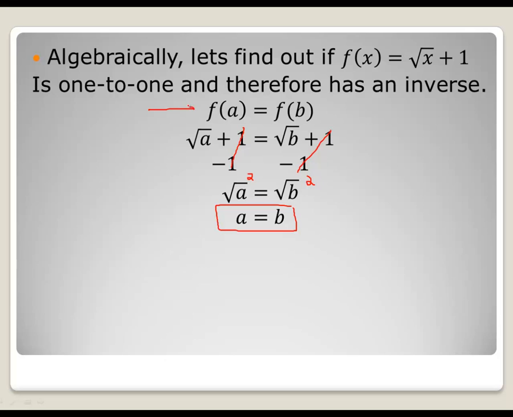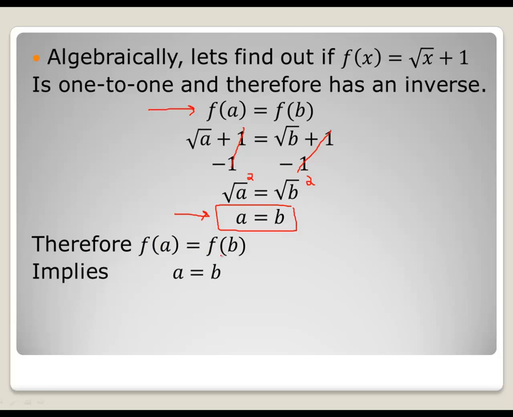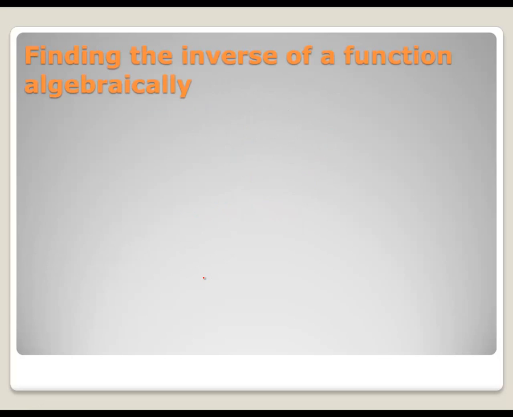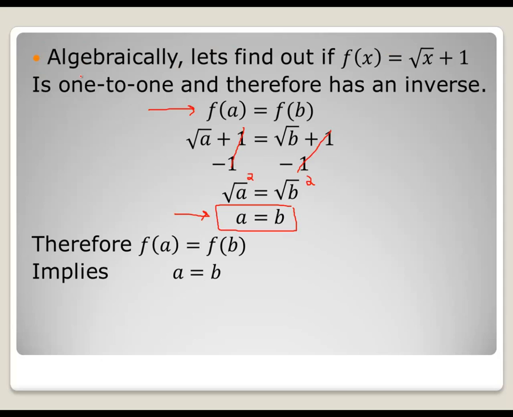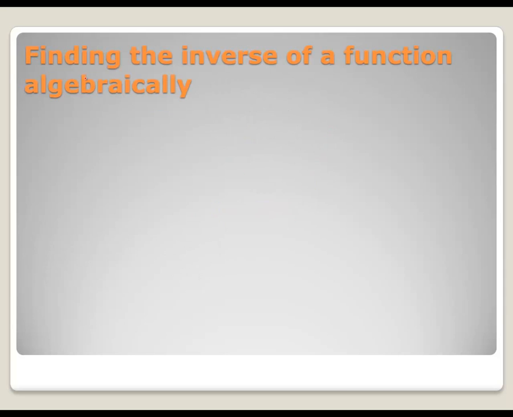So we start out with this, and we end up with our answer, a equals b. Therefore, f of a equals f of b implies that a equals b. So you'll be having to do that on your homework assignment. There you go. You can pause the video if you want and take notes.